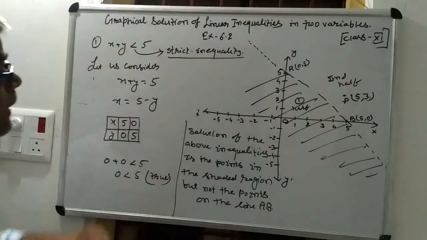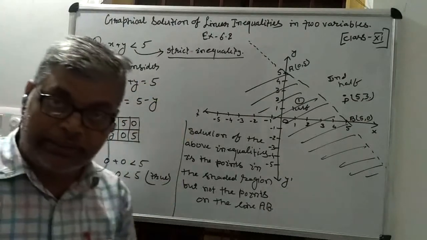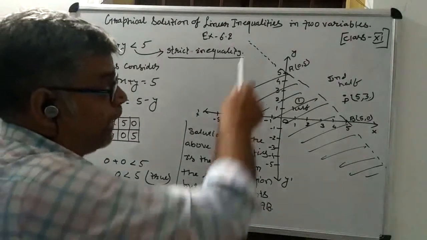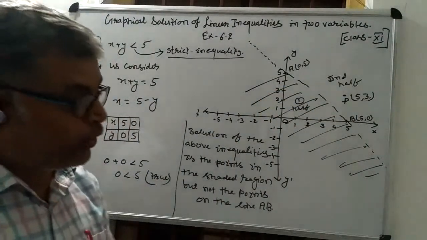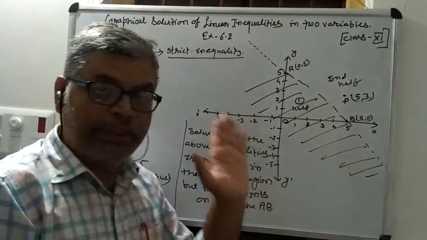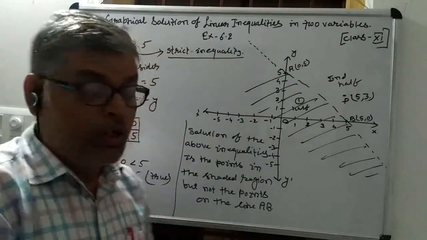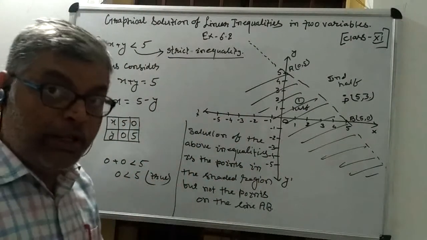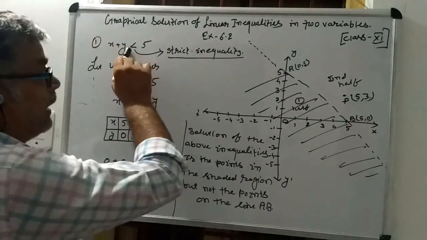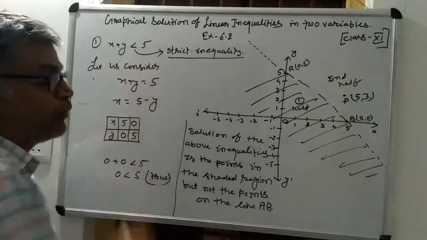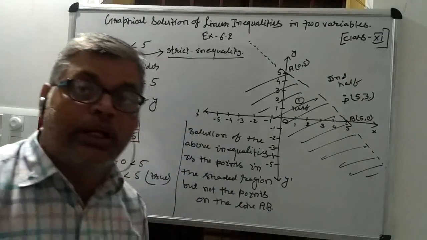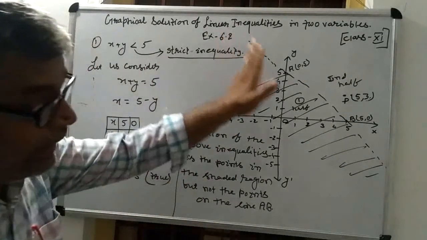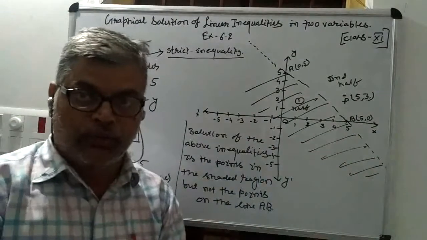Since this was the case of strict inequality, it means the points lying on the line will not be the solution of this inequality. If there is a simple inequality with an equal to sign also, in that case the solution will contain the points on the line also.